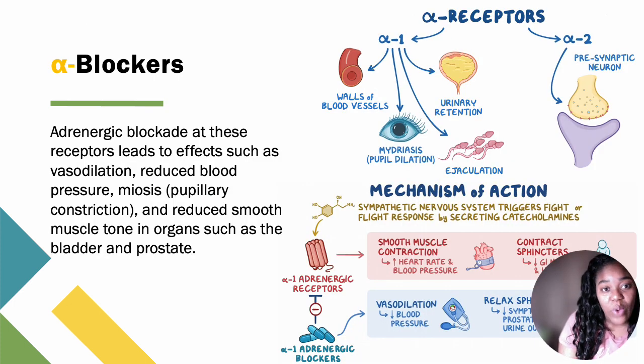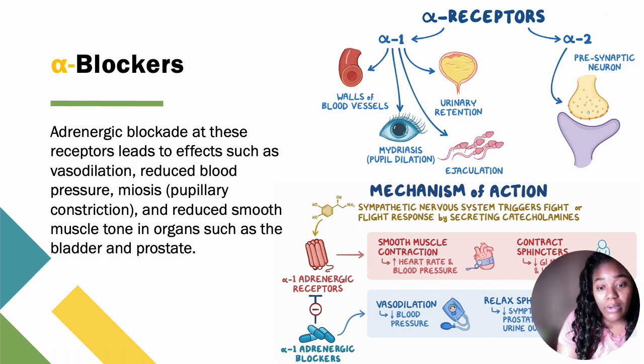As it relates to our adrenergic blockers, these are drugs that inhibit or antagonize the action of our adrenergic receptors, such as alpha 1, alpha 2, beta 1, beta 2. Particularly with alpha 1 blockers, they block the action of what the sympathetic nervous system would normally do as it relates to the blood vessels, pupil dilation, and urinary retention.